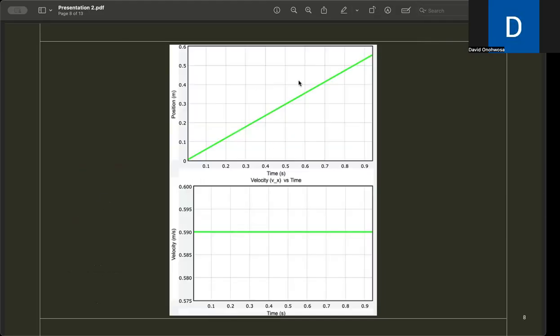And here's what we got. So the line is completely straight. Our velocity is completely horizontal. It was constant throughout the entire time. And the position update formula, as you can see, we have our position over time.